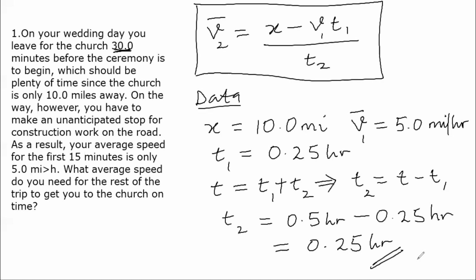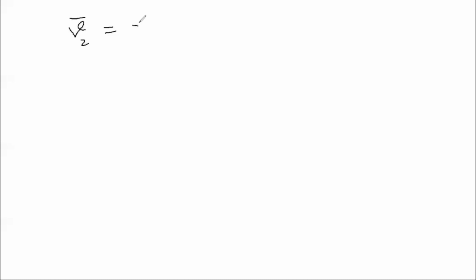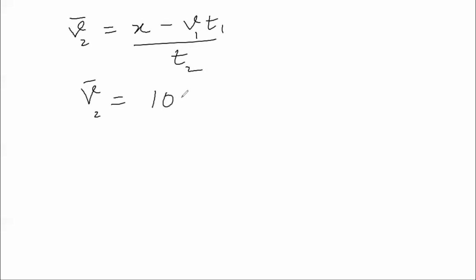So remember the equation that I have: V2 is equal to (x minus V1 T1) over T2. So I just have to now substitute the values. V2 will be equal to x. Remember, x was 10.0 miles.